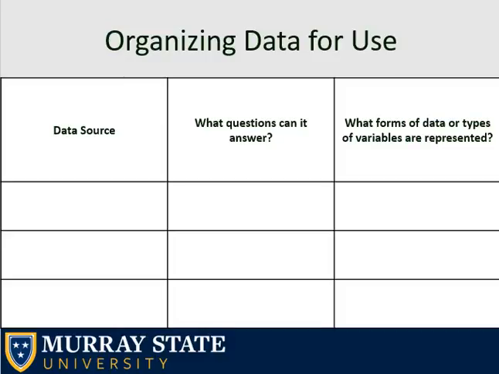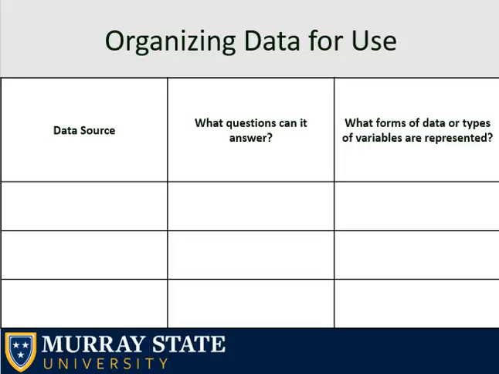And so then going from another perspective, maybe we are the holders of data and we need to start organizing it for ourselves and for use by others. So what are the data sources? As we identify that we have these sets of data, what questions can each piece of data or data set answer?